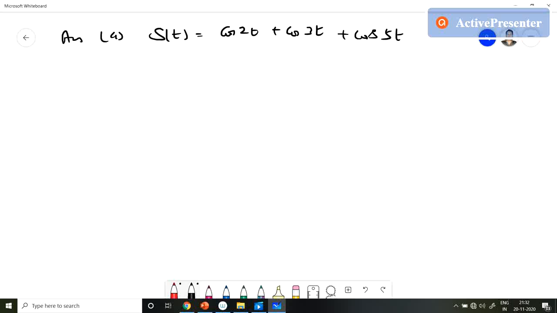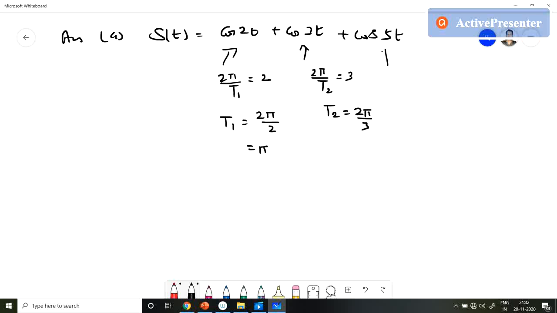Can we find a common time period? 2 pi divided by T1 equals 2, so T1 equals pi. 2 pi divided by T2 equals 3, so T2 equals 2 pi by 3. 2 pi divided by T3 equals 5, so T3 equals 2 pi by 5.